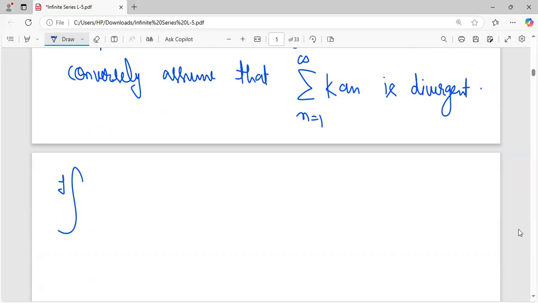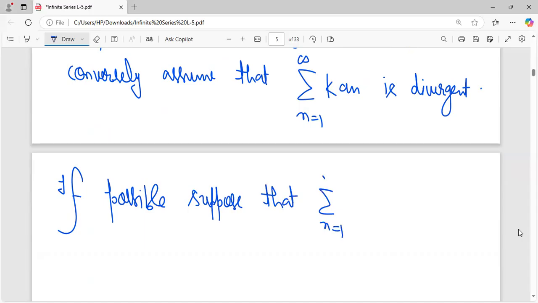If possible, suppose that this series summation n goes from 1 to infinity a n is convergent.